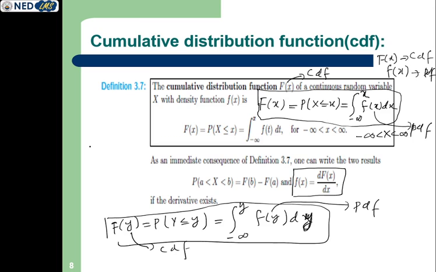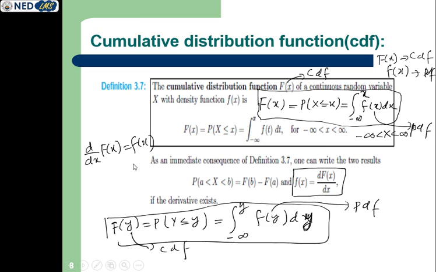So d upon dx applied on capital F of x must be equal to small f of x, the PDF.